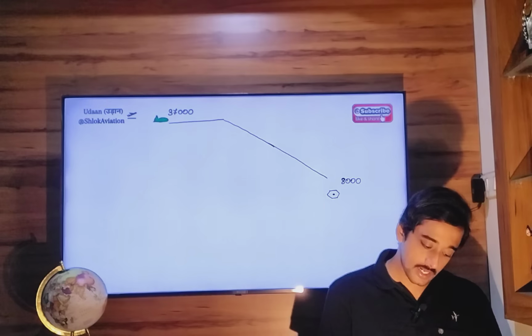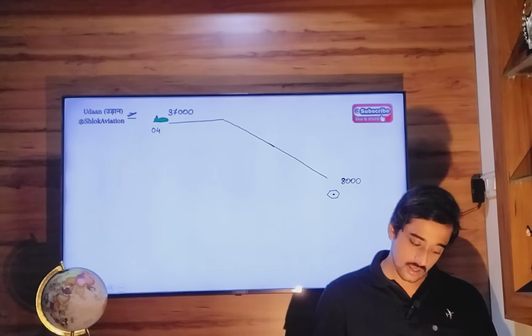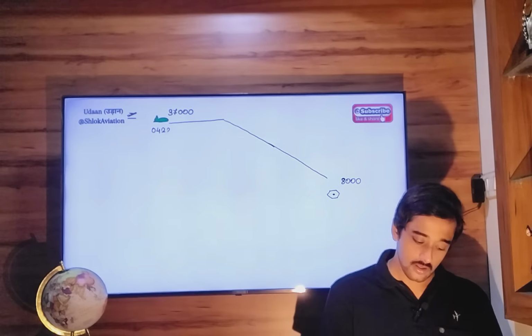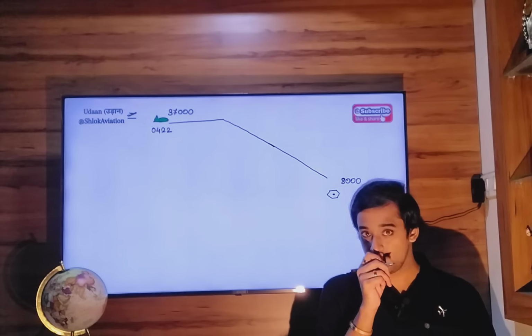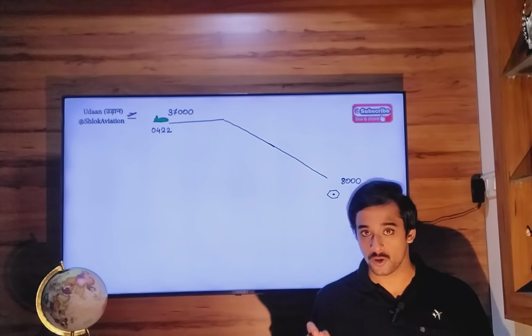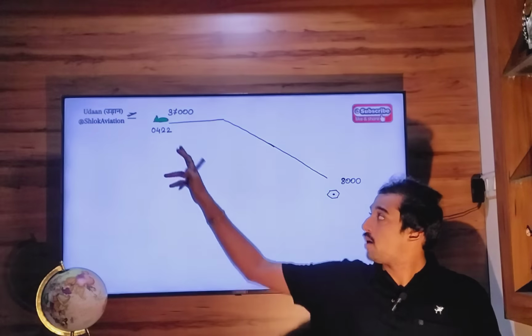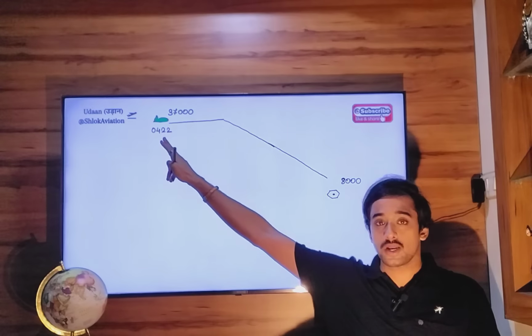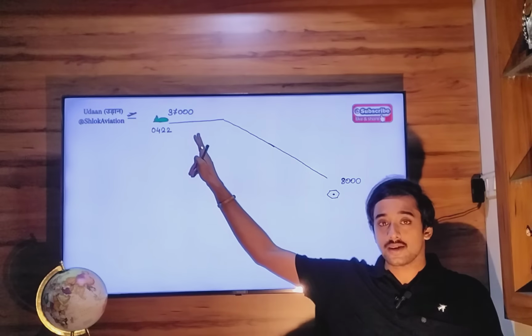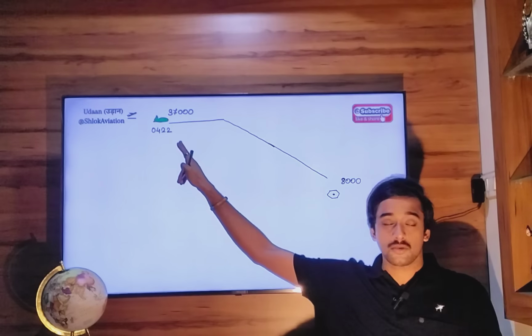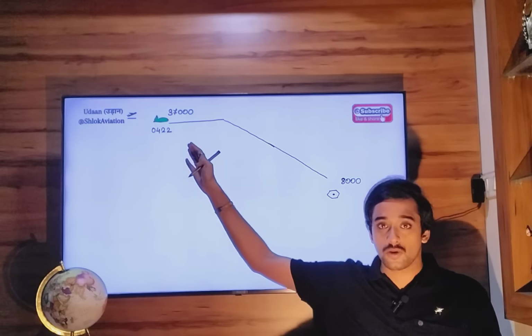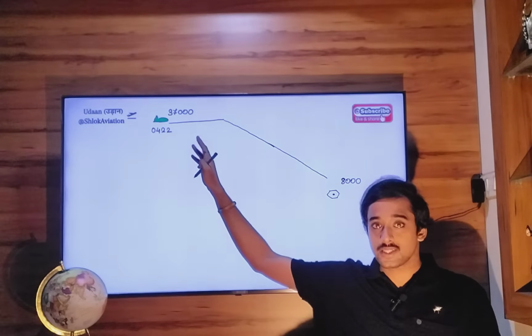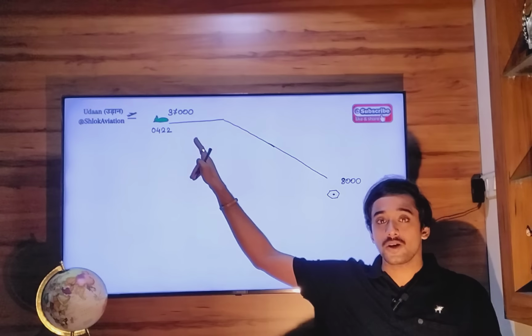So now current time is 0422. We have to calculate the time it will spend in the cruise phase of flight. The end of the cruise phase will be equal to the beginning of your descent phase.